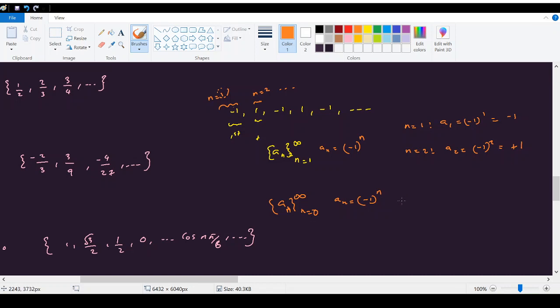Our objective should be to obtain the same list of numbers even by starting at 0. If we start at 0, the first number will be negative 1 to the power 0, which is equal to positive 1.